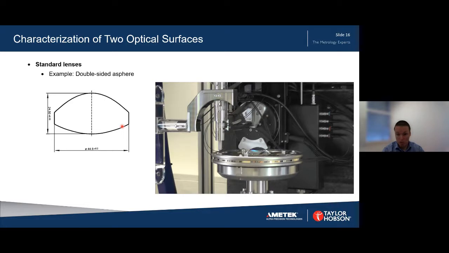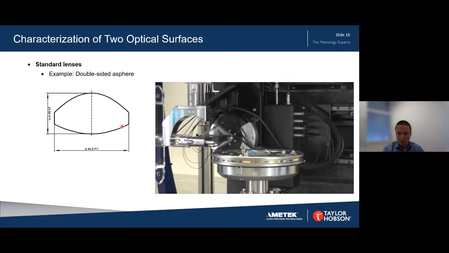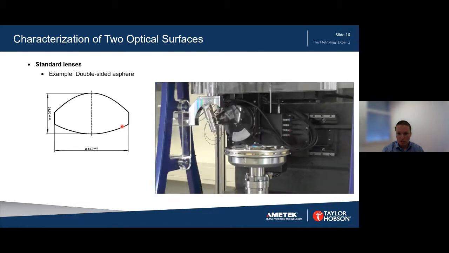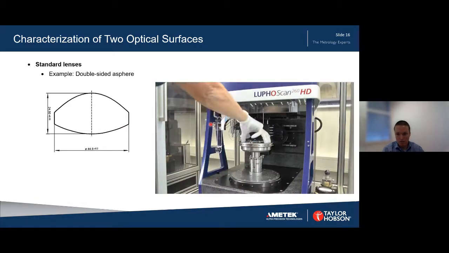So we get the position, the absolute position and the measurement volume of this ring. And second step, the radial runout. So that's the measurement of side A. We get the results and the position of the first side.